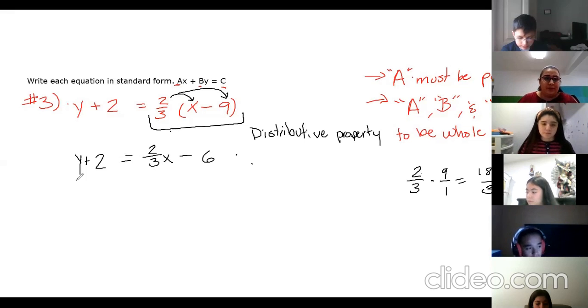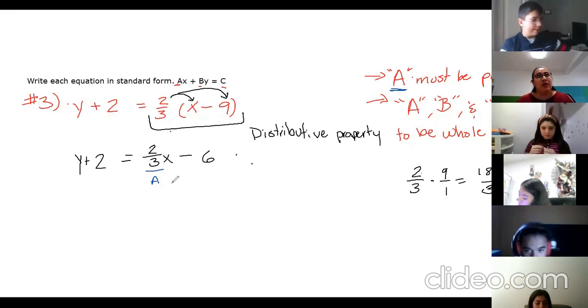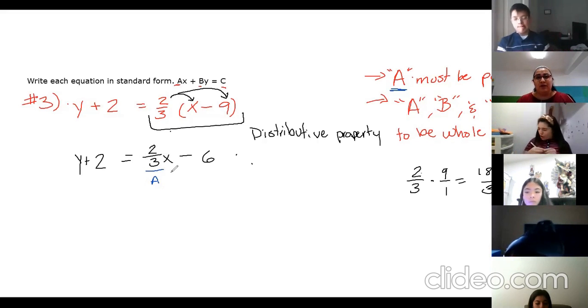But before we do that, I want you to keep something in mind. A, remember, must be positive. In this case, 2/3 represents A, and if we have it on this side of the equal sign, it's going to be positive.